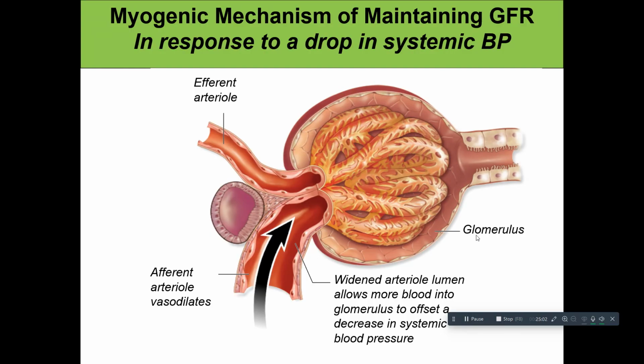If systemic blood pressure drops, so like body-wide blood pressure drops, I don't want blood pressure in my glomerular capillaries to drop. So what's going to happen in response to this drop in systemic blood pressure, my afferent arteriole is going to dilate. That lets more blood in the glomerulus, which is going to then maintain the pressure there. And if I maintain the blood pressure here, I also maintain the glomerular filtration rate.